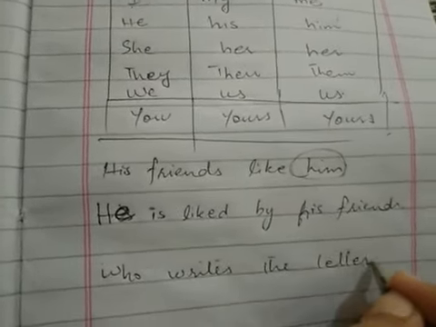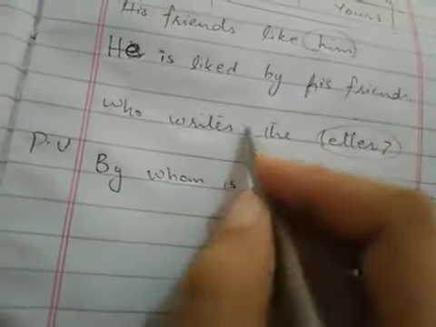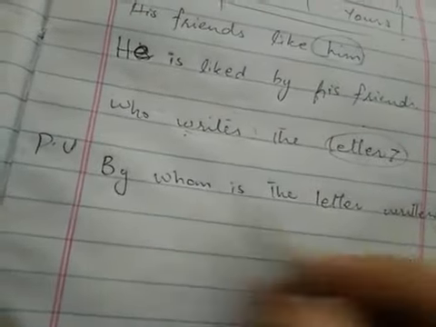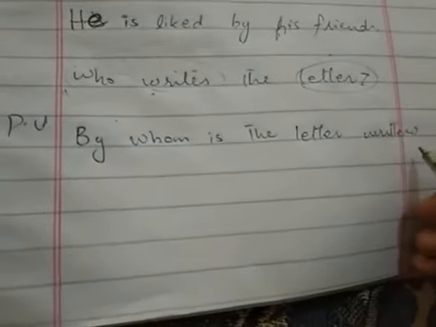By whom is the letter written. It is an interrogative sentence, so the object is in the sentence: by whom is the letter written.